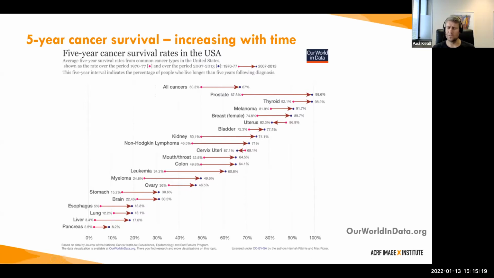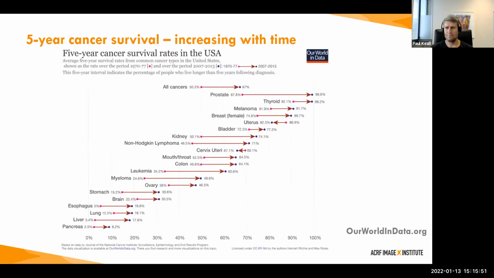Overall, with cancers, about two-thirds of people with cancer will have a five-year survival. This is in some ways a sobering slide, but also a good news slide: nearly 50 years ago, about half of people lived for 5 years with cancer, and now around two-thirds of people are surviving 5 years with cancer.